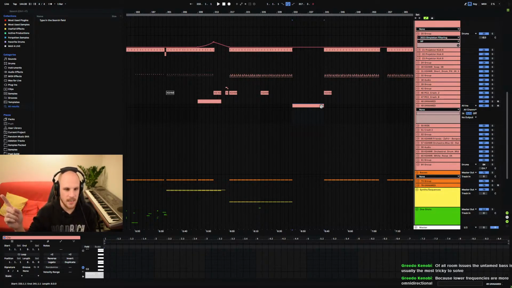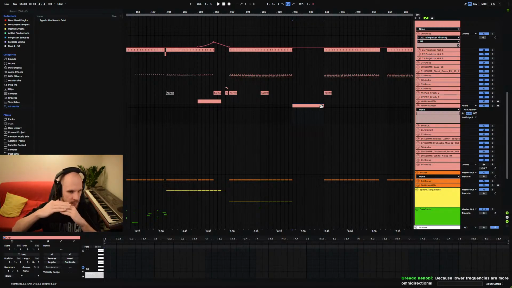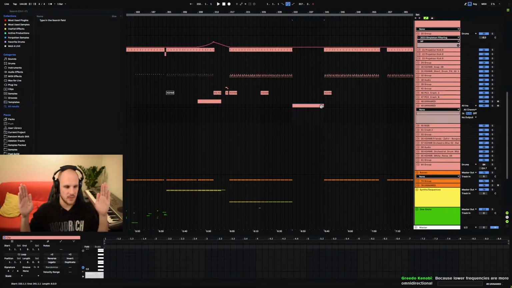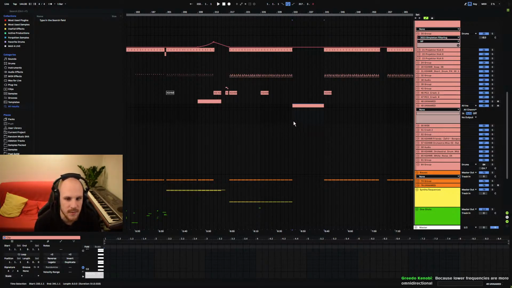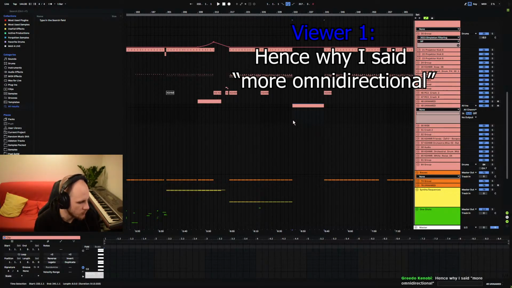Say it takes like 20 cycles for a certain volume to stop completely, right? Then the high frequencies will stop in this amount of time because the cycle is very short. With bass frequencies, the cycle being so long, it will reflect a bunch of times in your room before it loses that energy. That's why bass frequencies tend to be bigger problems. Hence why I said more omnidirectional.